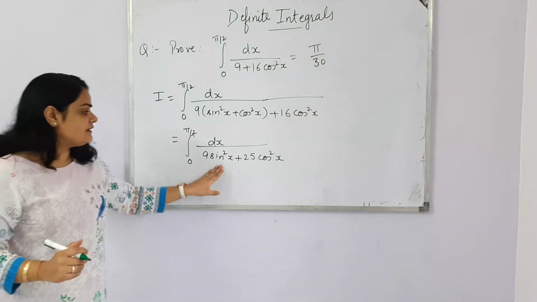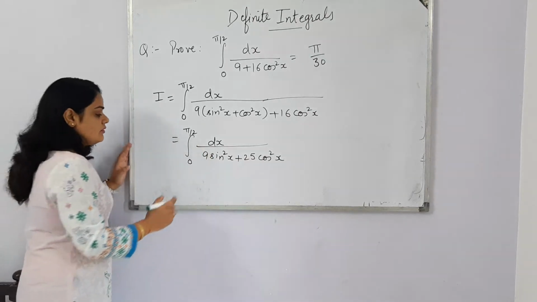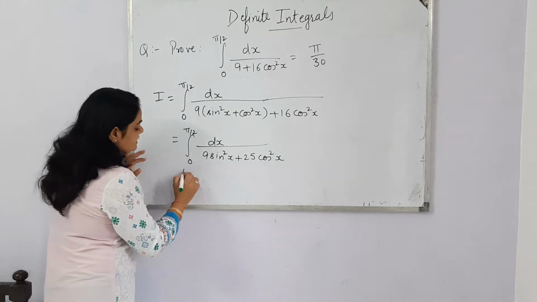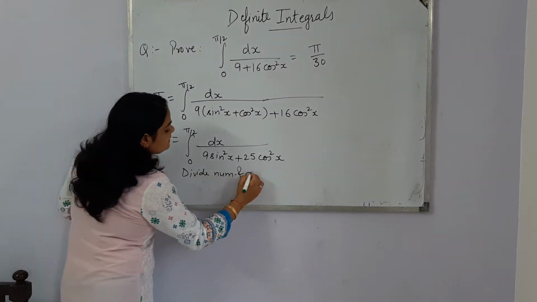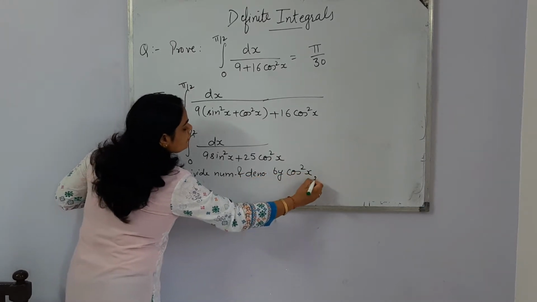Now we are having sin square plus cos square. Again, we don't have any derivative, so we need to find the derivative. Now what we are doing is dividing numerator and denominator by cos square x.